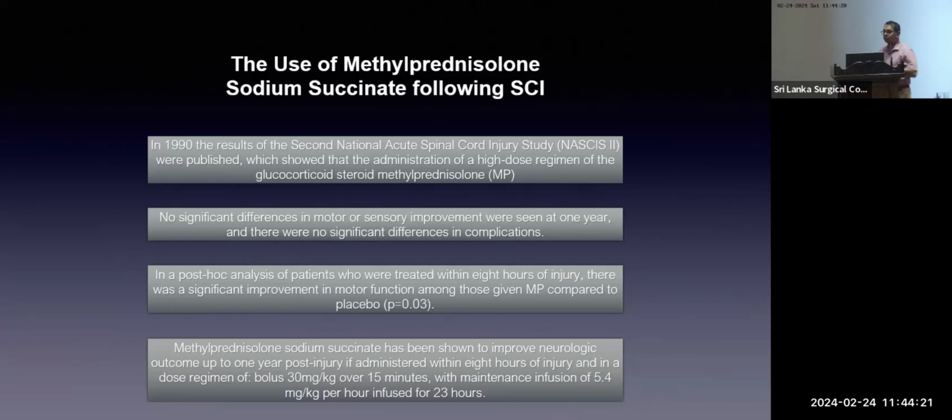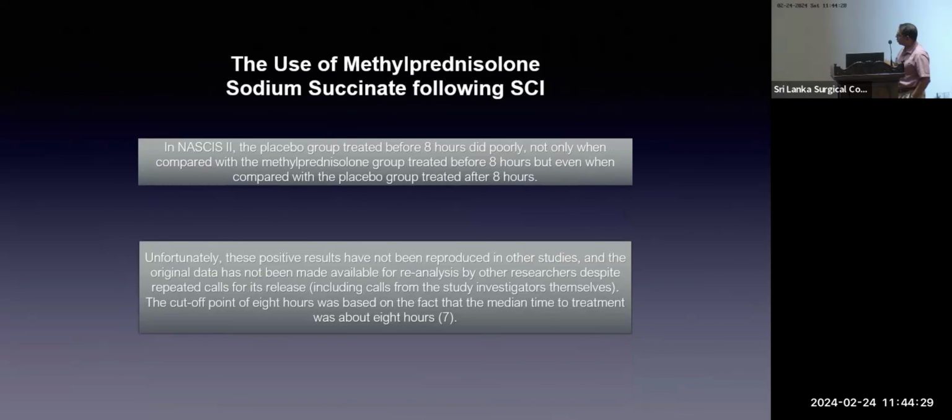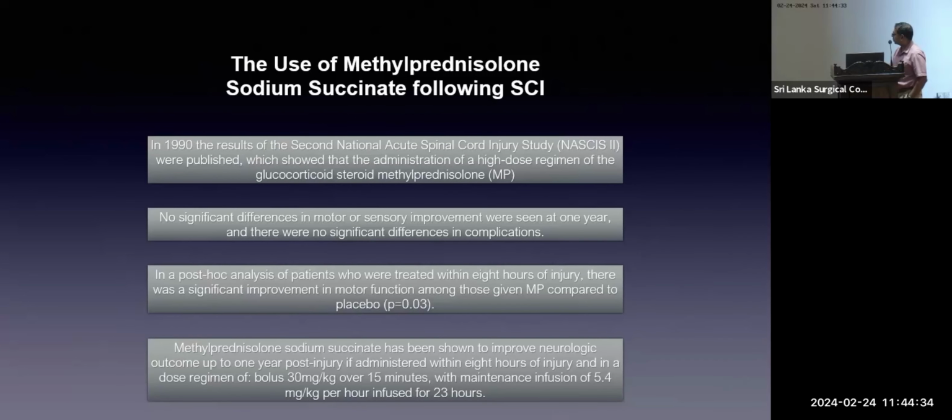But when they went into detail on how the methylprednisolone was given, they found it showed improved neurological outcome when it was administered within 8 hours of injury in this dose regimen. Some did have a good improvement.